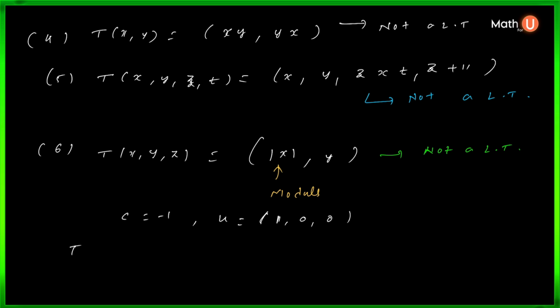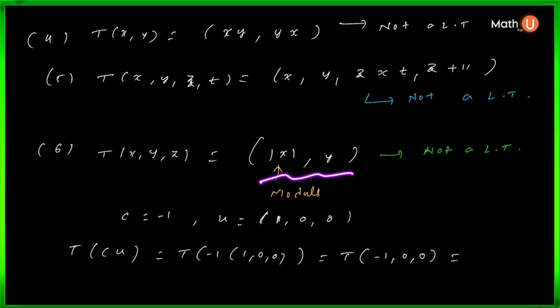Now I will apply T of c into u, that is nothing but T of -1 into (1, 0, 0), that is equal to T of, if I multiply -1 inside, I will get (-1, 0, 0). Now applying the transformation, in place of x replace -1, in place of y 0, that means I will get (mod of -1, 0), that is mod of -1 is 1, (1, 0).